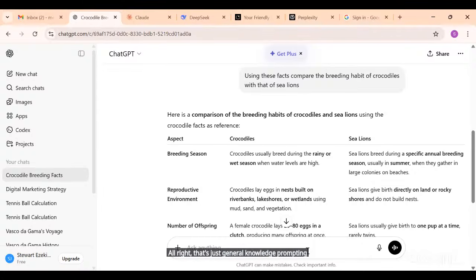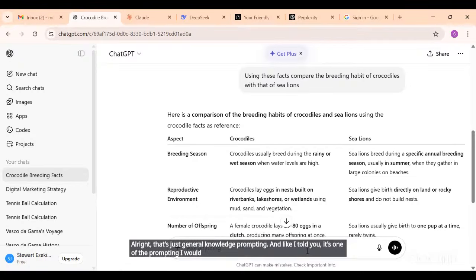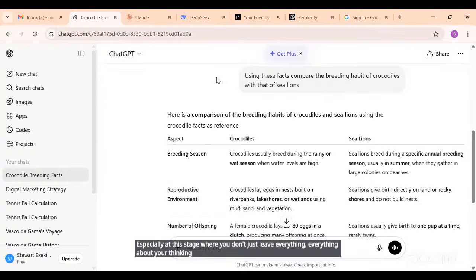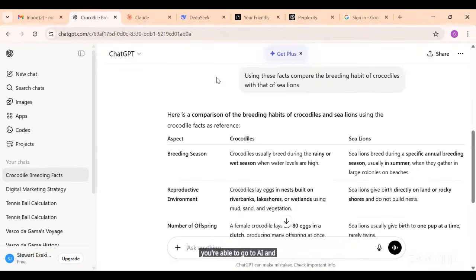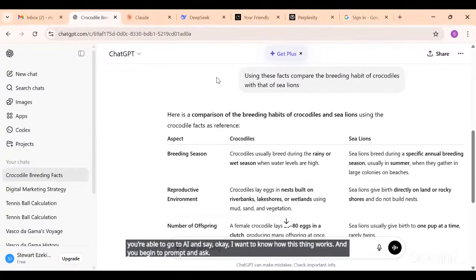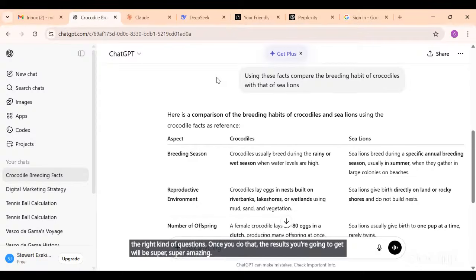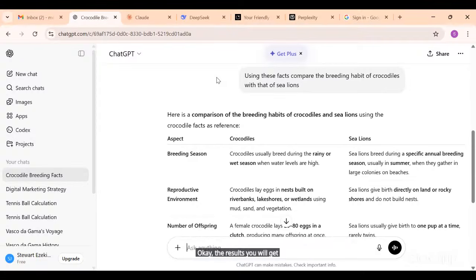And like I told you, it's one of the prompting techniques I would like you guys to get very used to, especially at this stage, where you don't just leave everything about your thinking completely to AI. You're able to go to AI and say, okay, I want to know how this thing works. And you begin to prompt and ask the right kind of questions. Once you do that, the result you get will be super, super amazing.